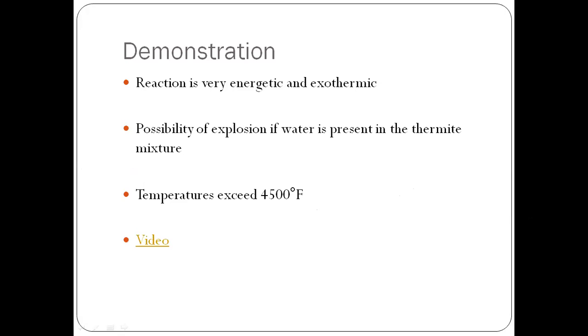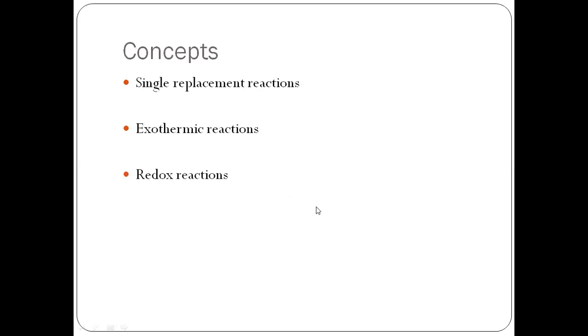However, let me quickly demonstrate the process to you first, then I'll show you the video. The reaction is very energetic and exothermic, so there is a possibility of explosion if water is present in the thermit mixture. The temperature is around 4500 degrees Fahrenheit, right?